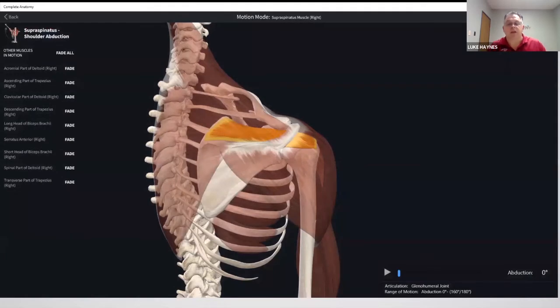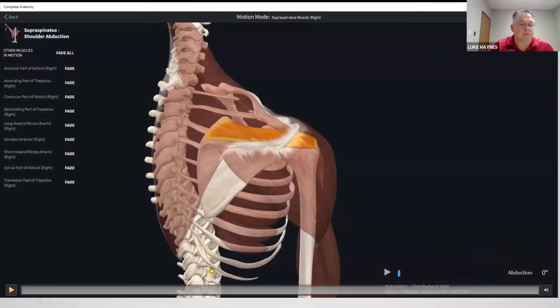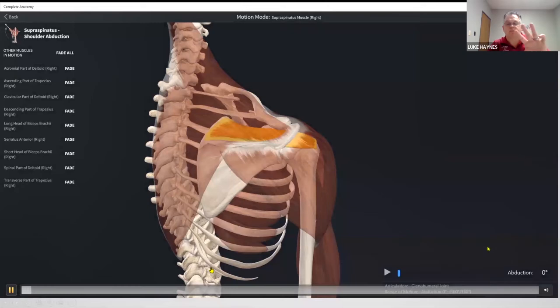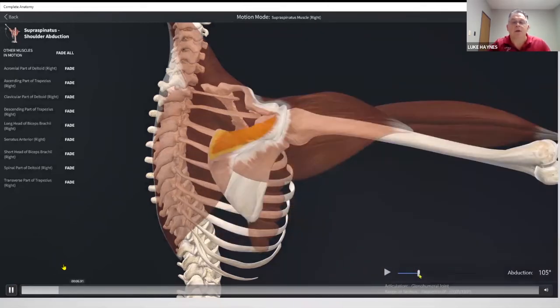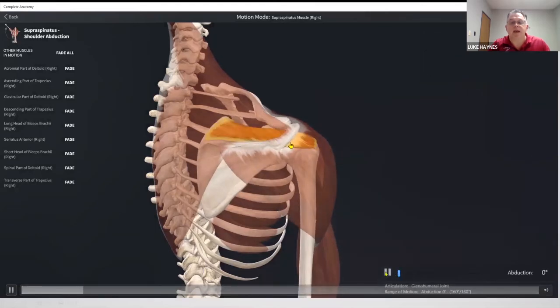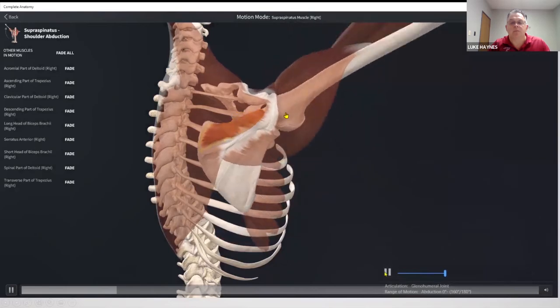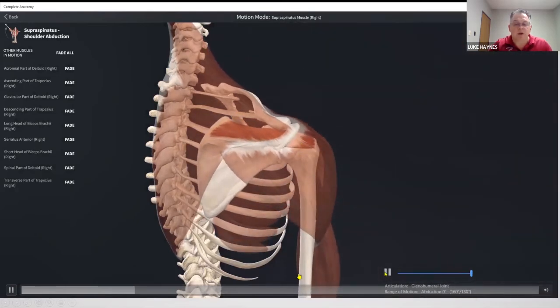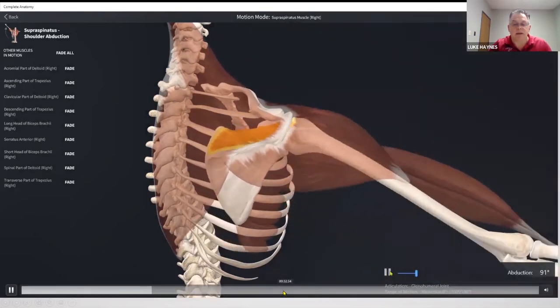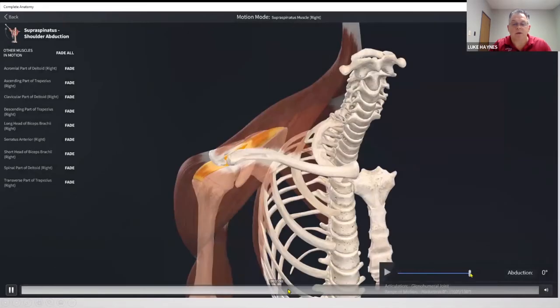And so I've got just a little video here that shows a little bit about this, and some three-dimensional with some motion. And so I'm going to let this come forward, and you can see that space between the acromion and where that muscle sits. Normally it moves nice and smoothly, but we're going to spin this around in just a minute. Let me see if I can move that forward a little bit.